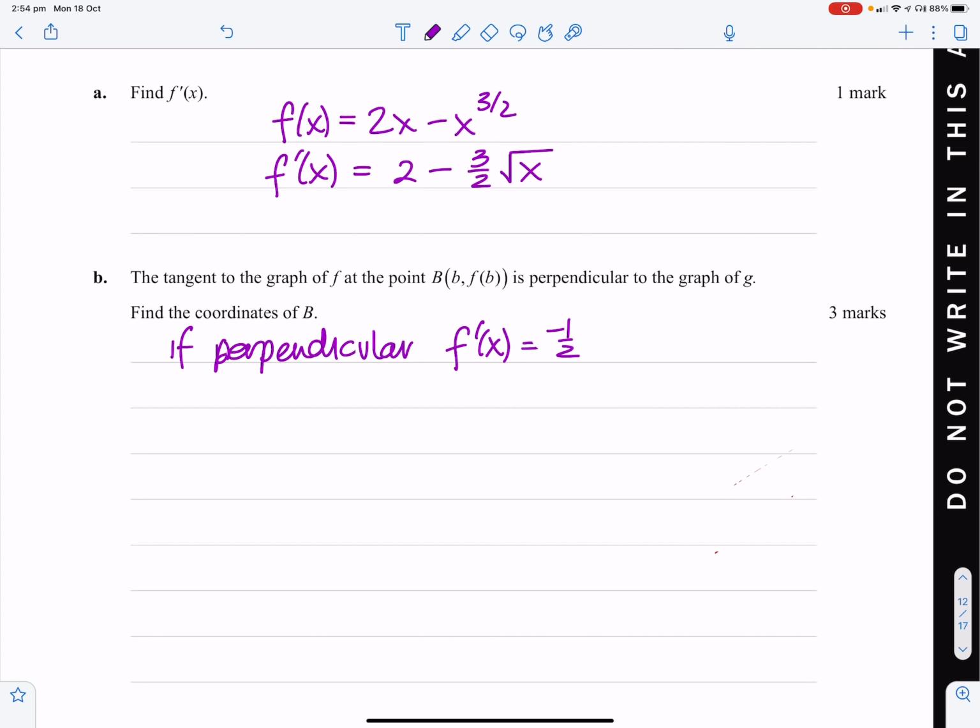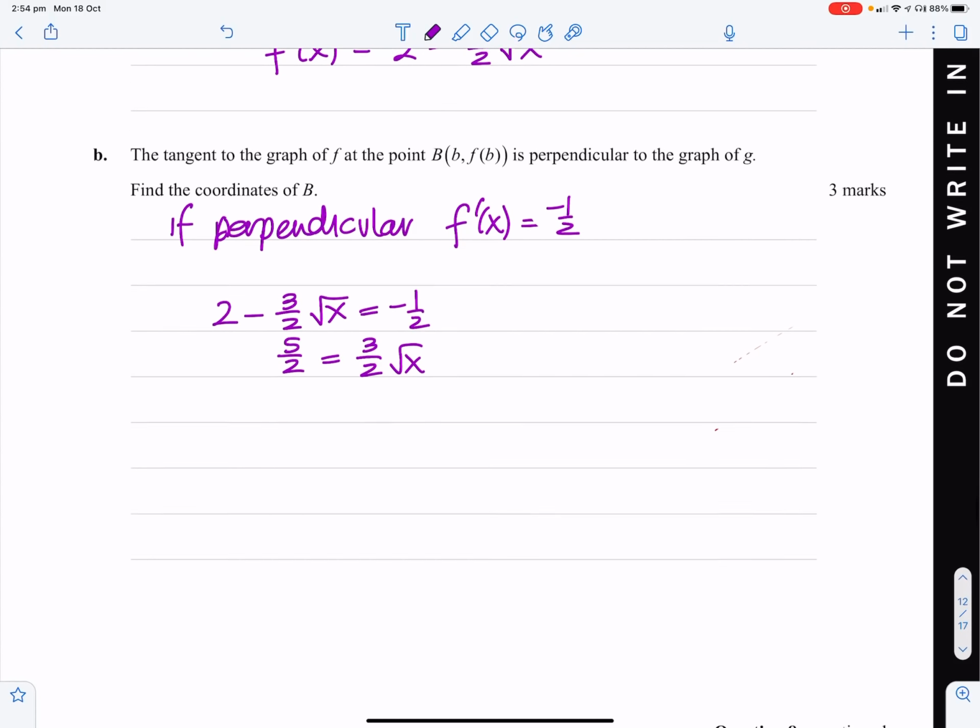So we say 2 minus 3 on 2 root x is equal to negative a half. If I bring my 3 on 2 root x to the other side, and then I bring my half to the other side, 5 on 2 is equal to 3 on 2 root x.